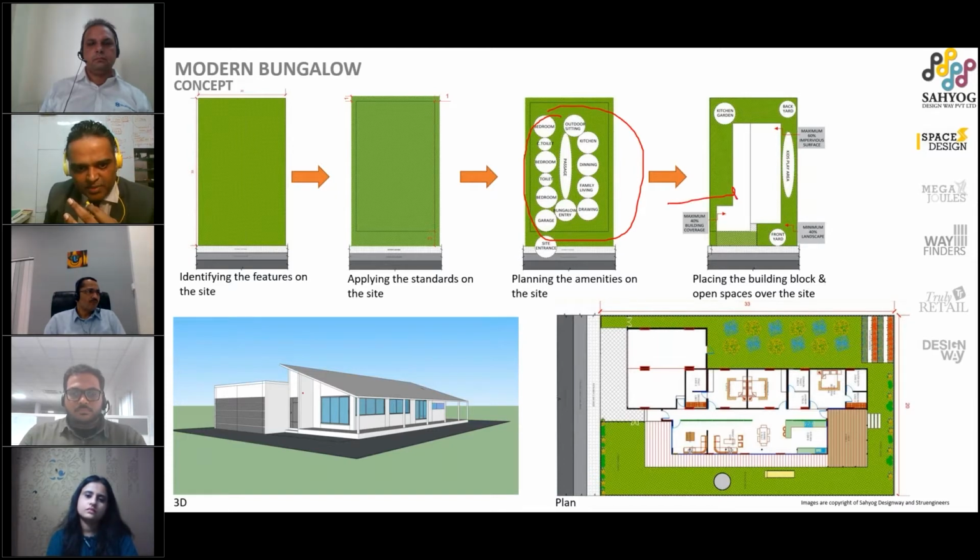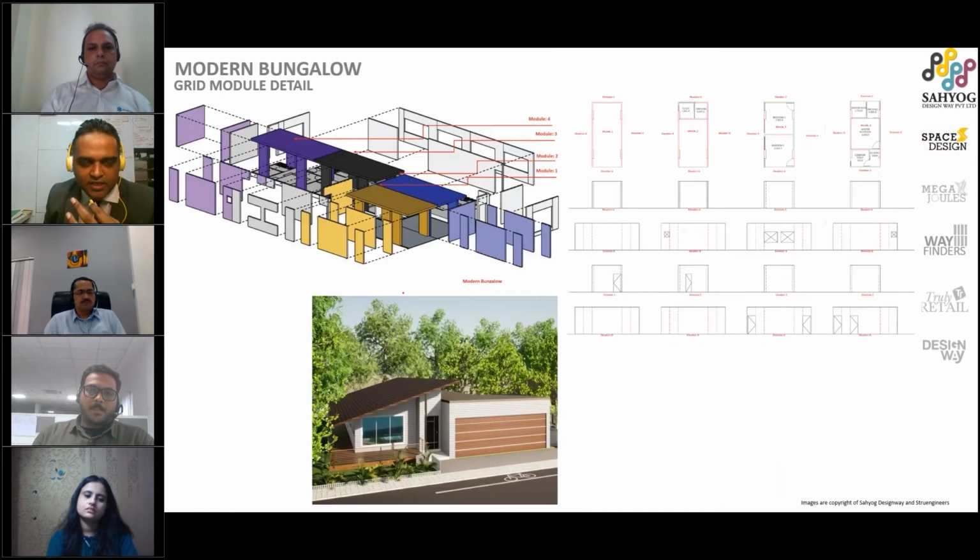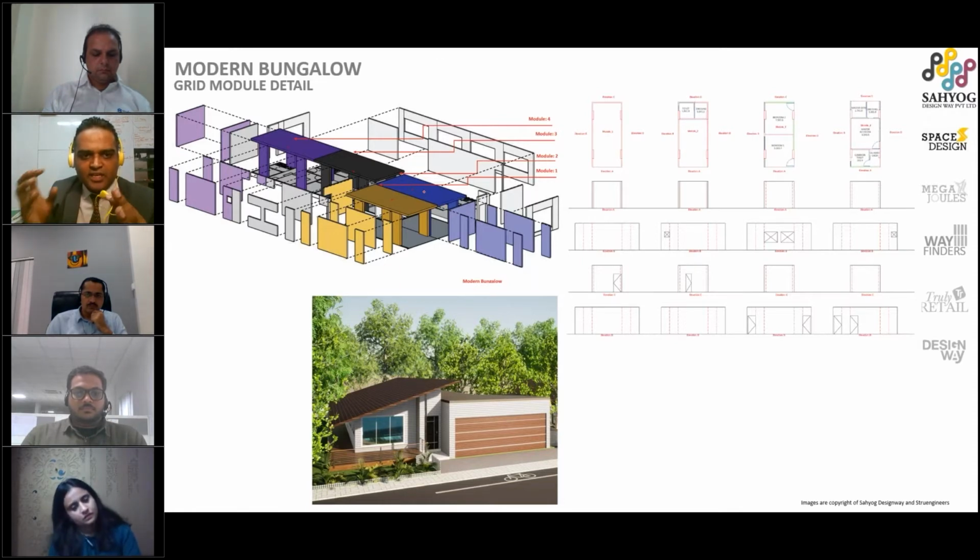Then we came up with a design solution, and then how the 3D precast structures were placed across it. The second part of the design is this 3D precast structure, the details of the modules which were placed together to create a complete volume, which creates a livable space inside. And that's what is shown in the module details.